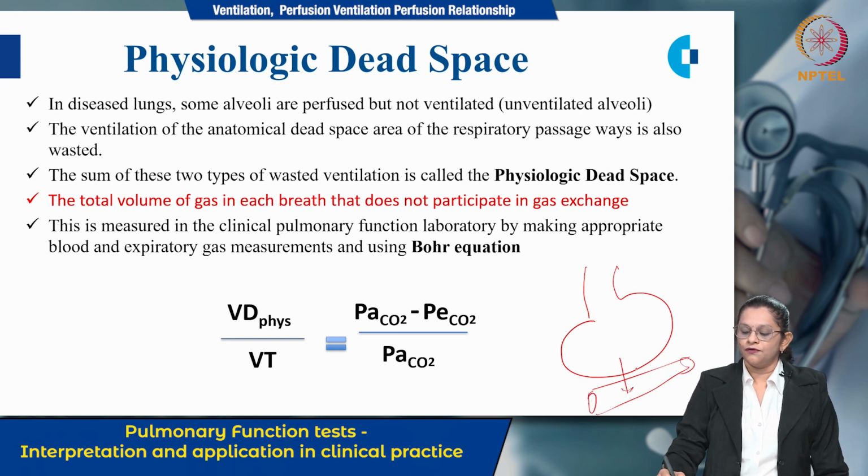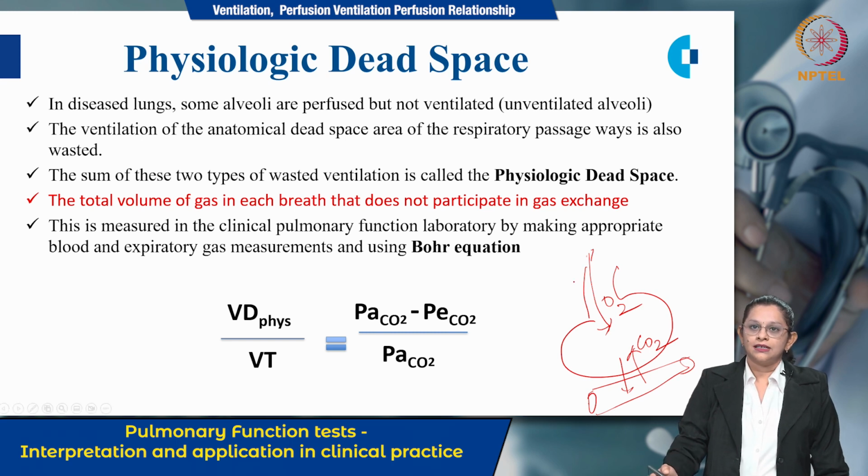So there is always diffusion of gas across this alveoli. Air enters from the atmosphere into the lungs, which is oxygen, and carbon dioxide exits out from the capillaries into the alveoli. So when air enters into the alveoli, gas exchange takes place here.